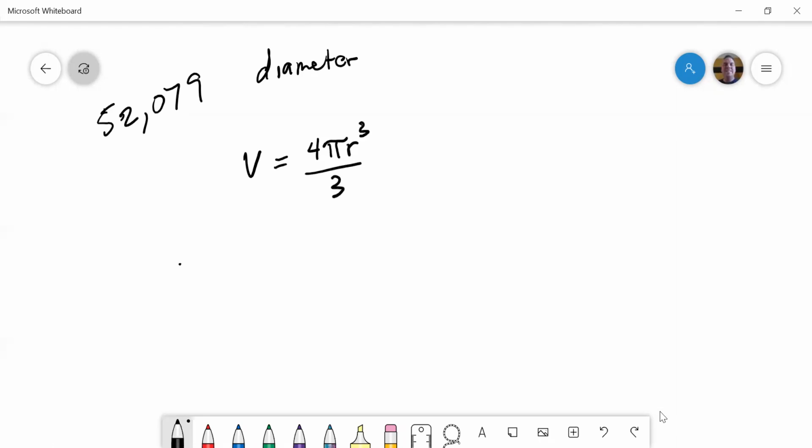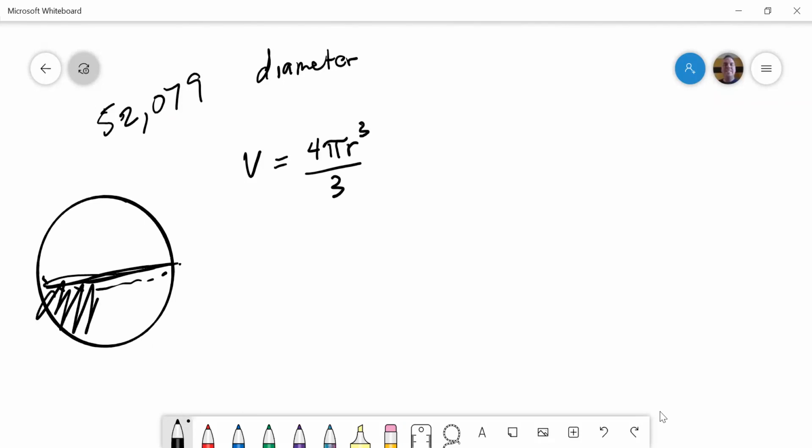That's the volume for a full sphere, right? But in the problem it says it's a hemisphere, which just means half of a sphere, right? So what we need to do is take our formula and divide it by 2, or 2 over 1.